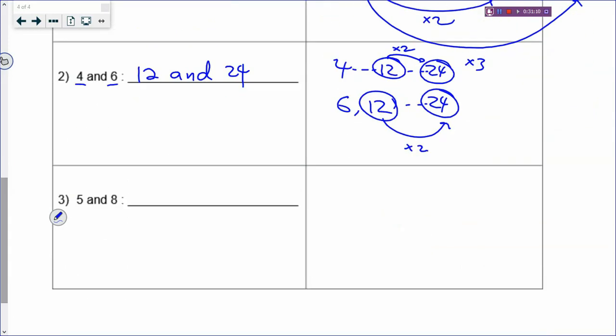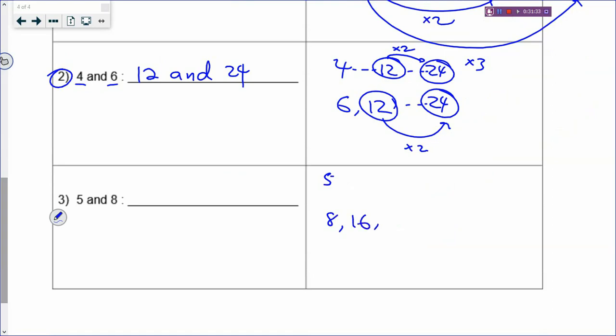Alright, next one. Last question. What is the common multiple of 5 and 8? I would not like to do 5 times 8, alright? Because you just saw that if you do that for the previous question, you get 24, which is not the first common multiple. So I would like to look at the bigger number and write out the multiples of the bigger number. So can 16 divide by 5?